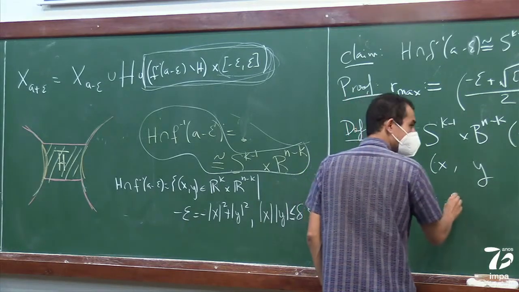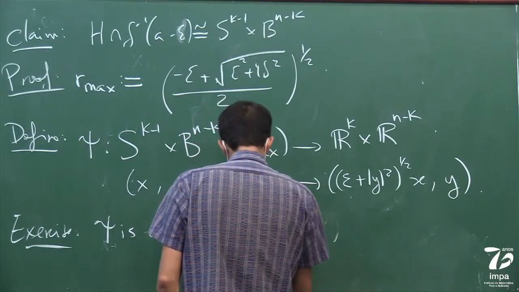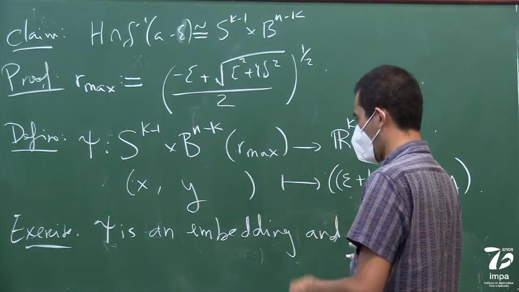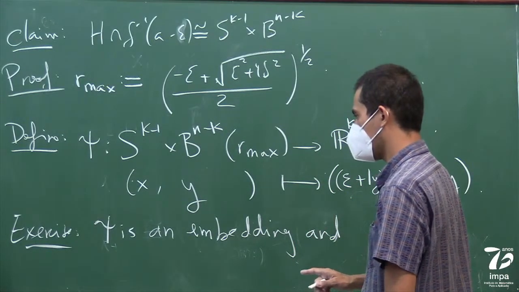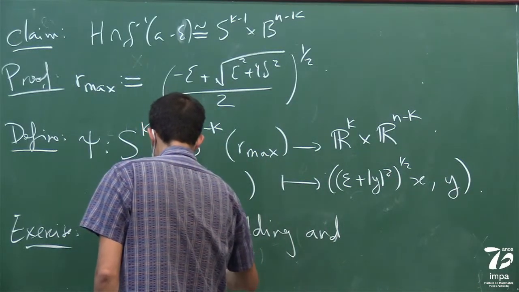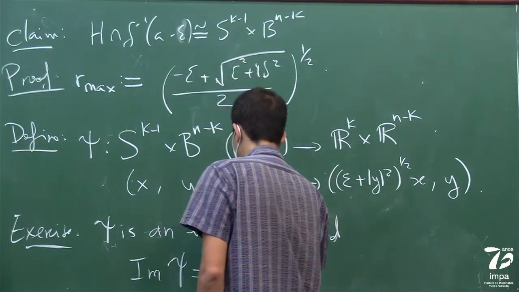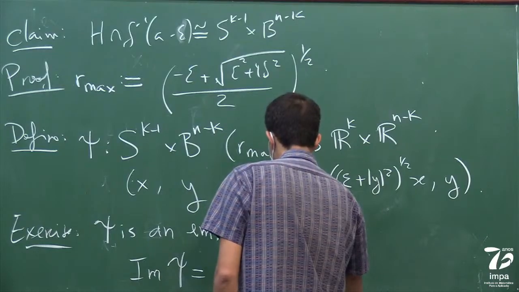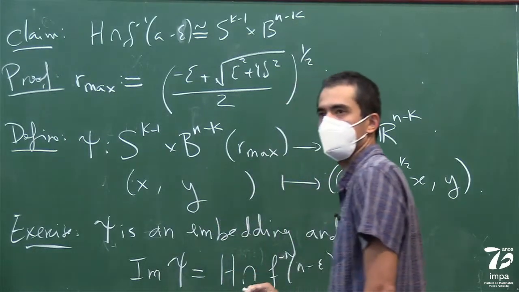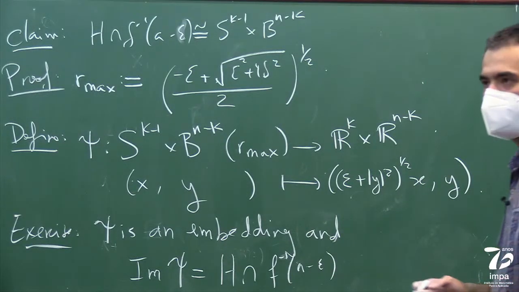Phi of psi is an embedding, and the image of psi is exactly equal to this guy, to H intersected F inverse of A minus epsilon. Okay? So that's what it is.